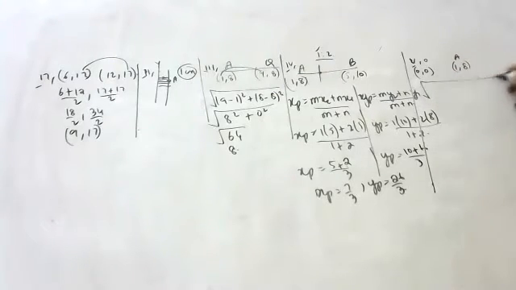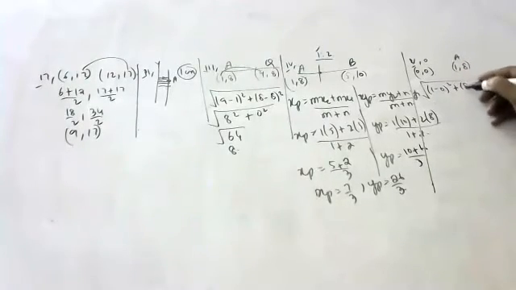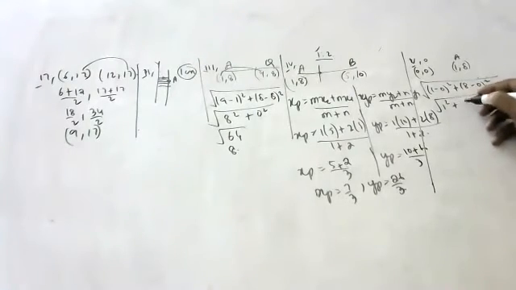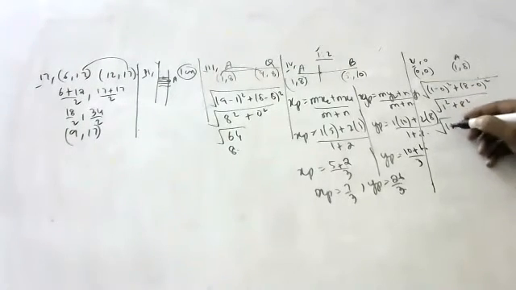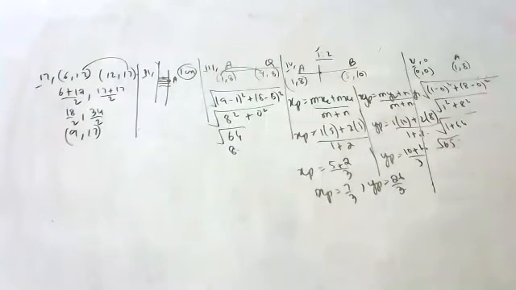Distance formula substitution: 1 minus 0 whole square plus 8 minus 0 whole square. 1 square plus 8 square, 1 plus 64, root 65. First option.